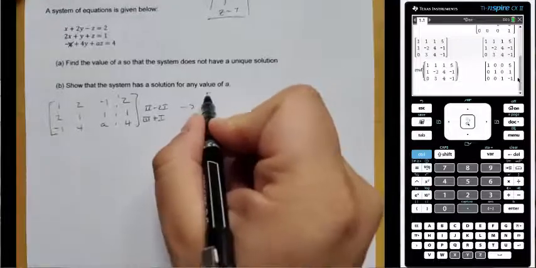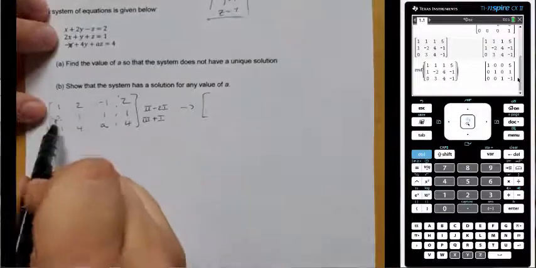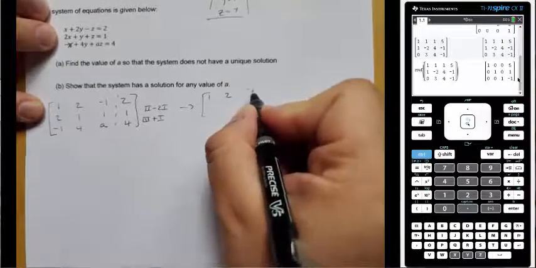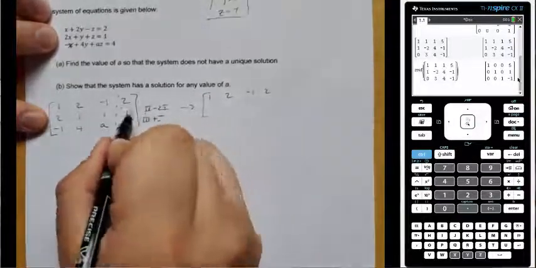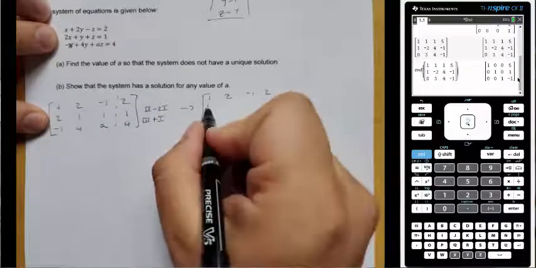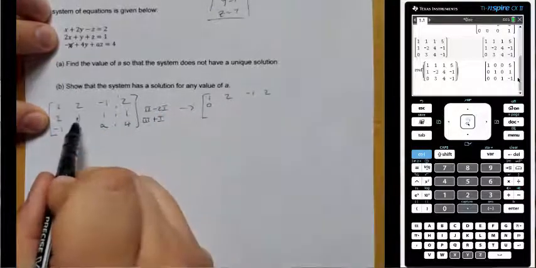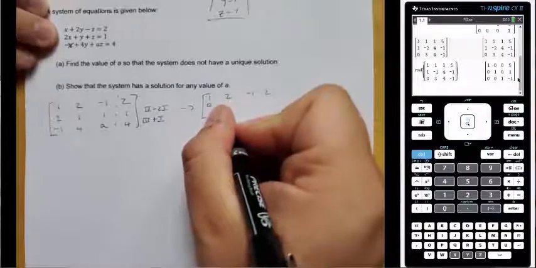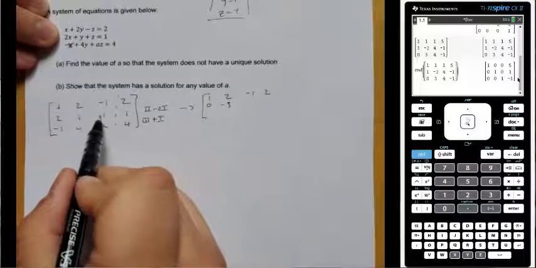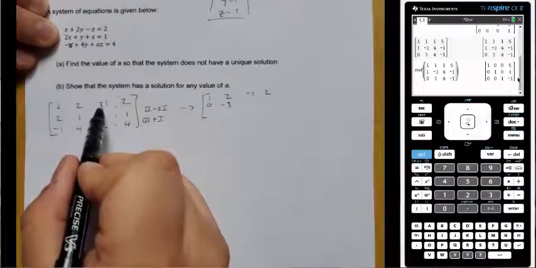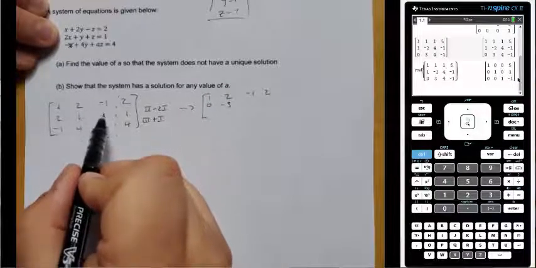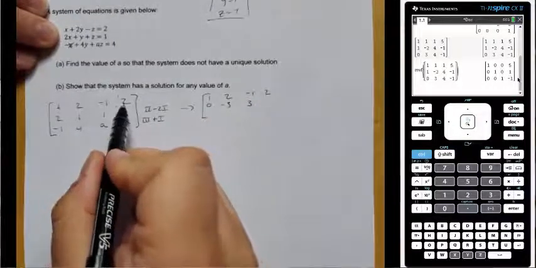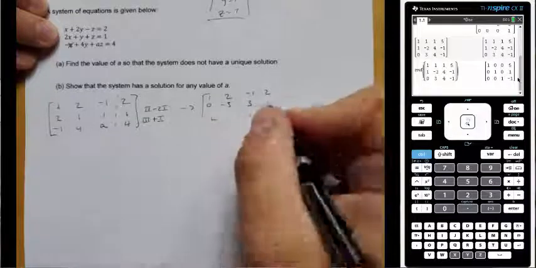When I do that, I should get a copy of the initial row. 2 minus 2 copies of 1 is 0. 1 minus 2 times 2, 1 minus 4 is -3. 1 minus -1 times 2, 1 minus -2 is 3. 1 minus 2 times 2, 1 minus 4 is -3.